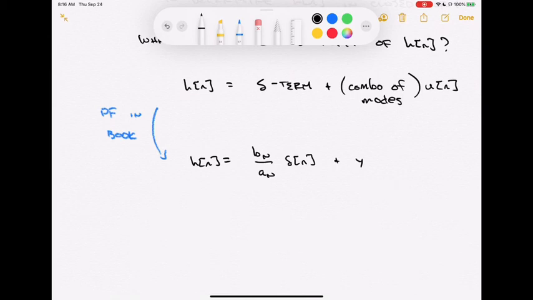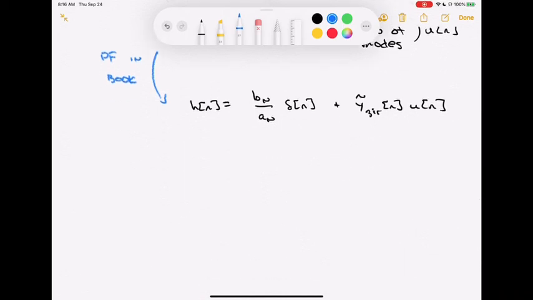The other one I'm going to say is that we're going to have a y tilde zir of n made causal with U of n, okay? You'll notice that we don't put a PD on this one. Part of the reason for that is the way we are going to find our y tilde. We're not going to find it through that set of special initial conditions, which were kind of hard to figure out where they came from, like we did in continuous time. Instead, we're going to recurse a solution. We will find those coefficients for y tilde zir through recursion, which we already know is a rather simple operation. So you can look at this thing. We know this.